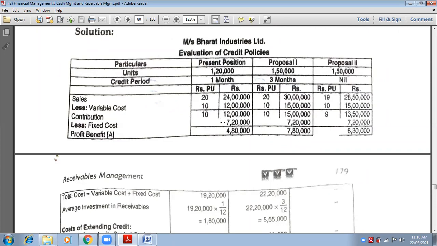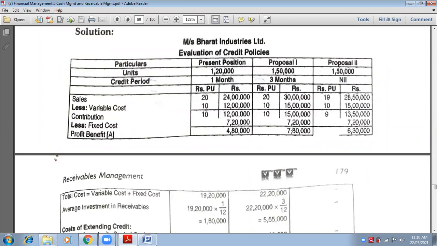This has to be kept the same everywhere because it is fixed cost. Whether you increase sales, increase production or decrease production, fixed cost will be the same. So keep 720 in proposal 1 and also in proposal 2.